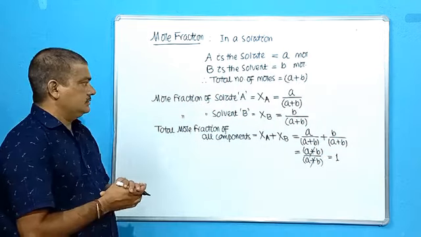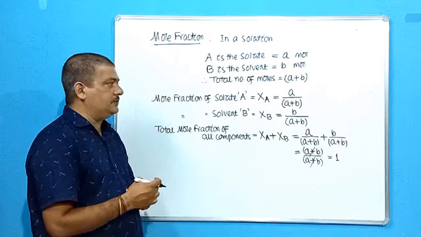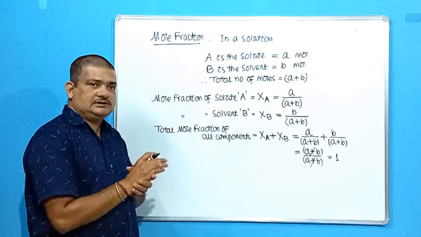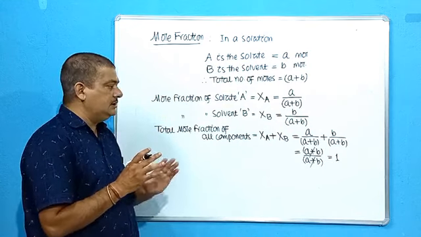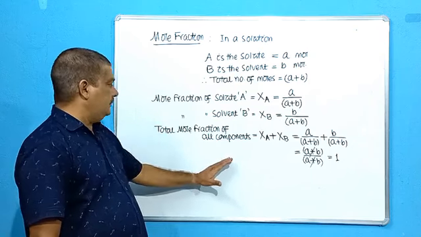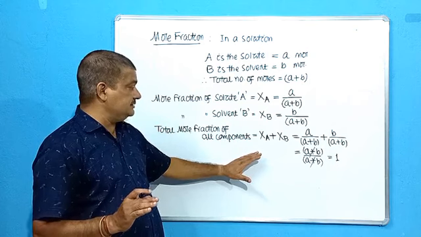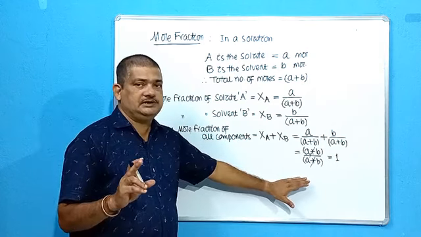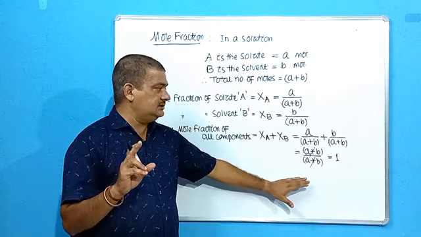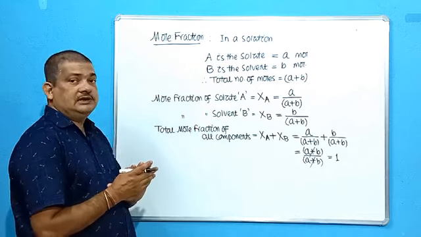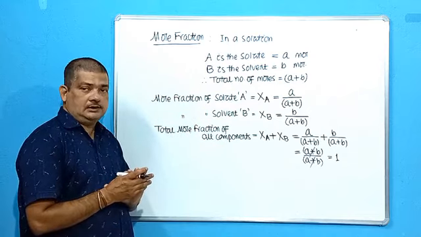So when you are calculating the mole fraction of different components, you can cross check your answer by this method. That means the sum of all mole fractions of all components present in the solution will be unity, that means 1. This is how you can cross check whether you are correct or not.